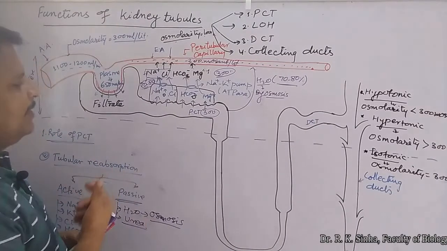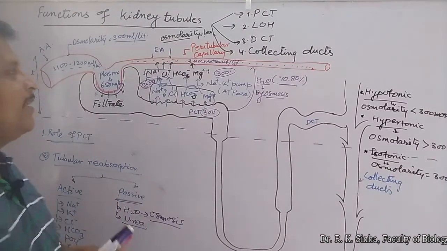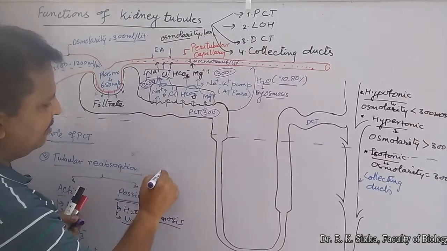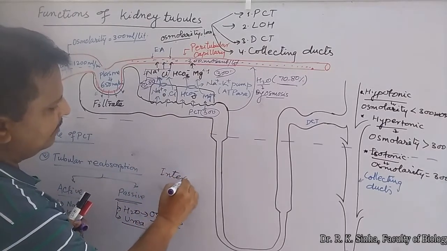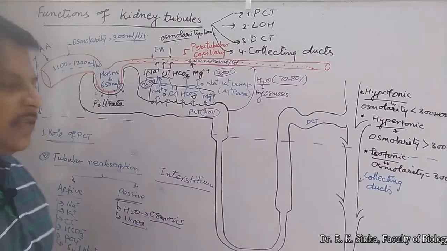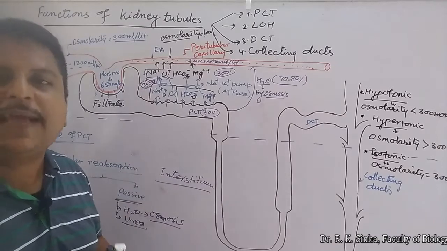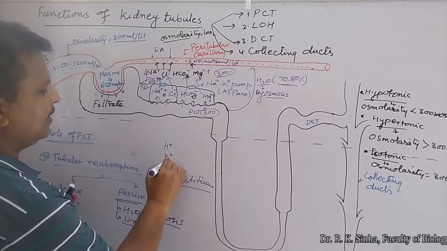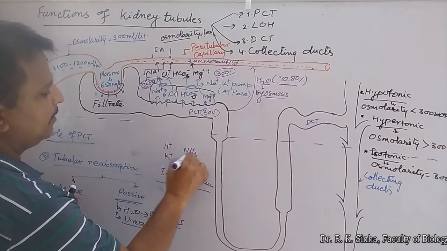Now, what is secretion? Selective secretion. Some of the material here in the interstitium, this is interstitium, is present in excess amount, just like H plus, K plus and NH3.